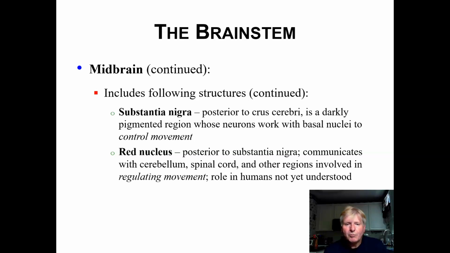These neurons work with the basal nuclei in the diencephalon to control movement. Substantia nigra neurons produce a substance called dopamine, which is a neurotransmitter, and dopamine is very important in the function of your basal nuclei.